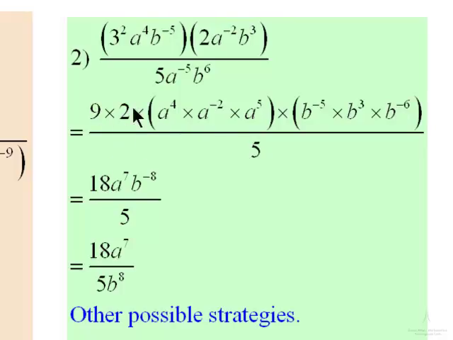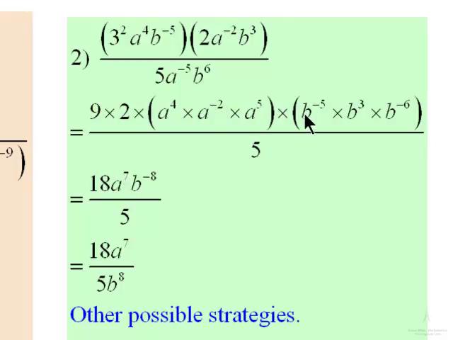Of course, you should know that 9 times 2 is 18. I hope you don't grab a calculator for this. Divided by 5. The a's, now we use the property for multiplication. So all we do is simply add the indices. 4 plus 5 is 9, minus 2 gives me a to the power 7.